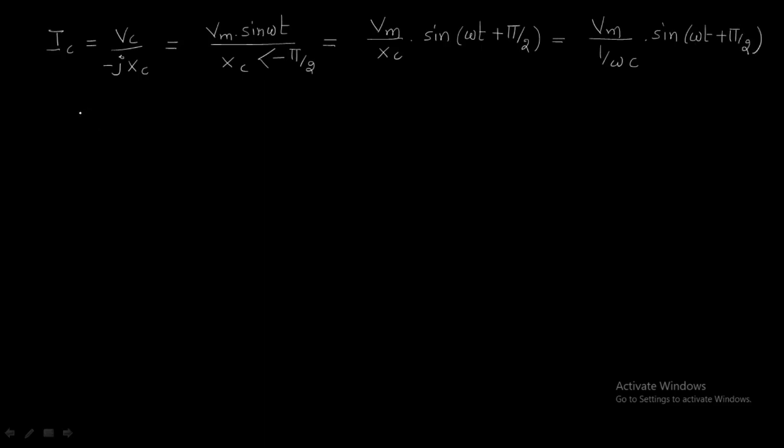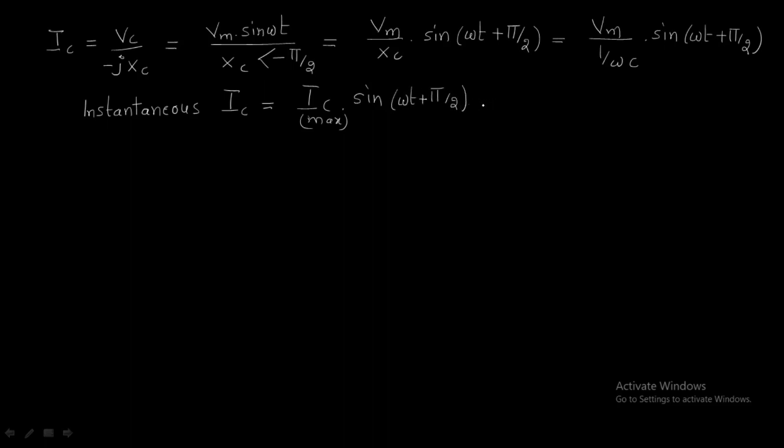So finally we can write the instantaneous capacitive current. The instantaneous capacitive current, IC, equals IC max sin omega t plus pi by 2.